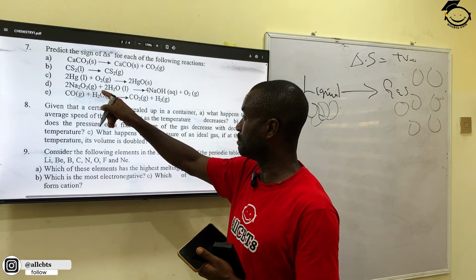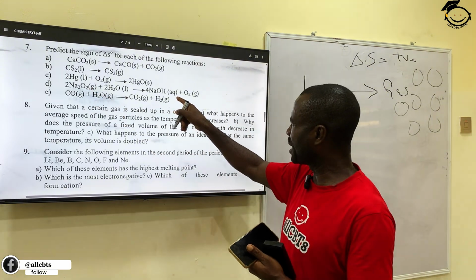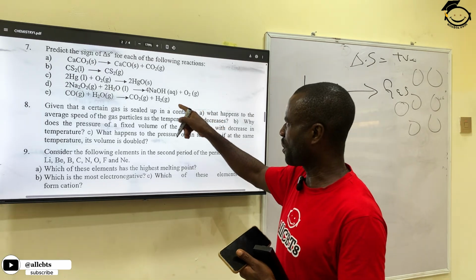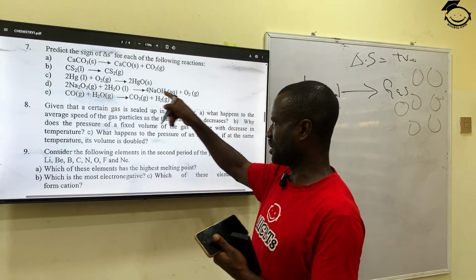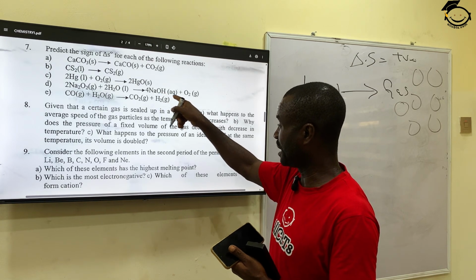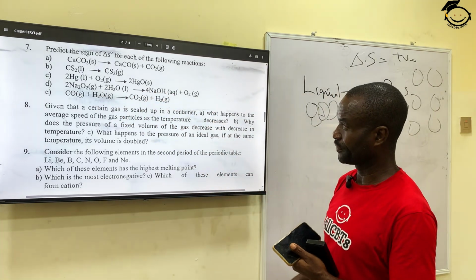This is water in liquid state reacting with this in gaseous state to give you an aqueous solution and gaseous oxygen. Of course, entropy change here is reduced because the product is in an aqueous solution. So automatically we have entropy change to be negative in D.